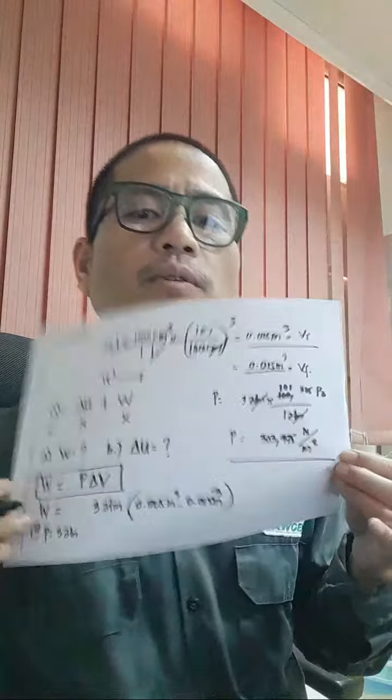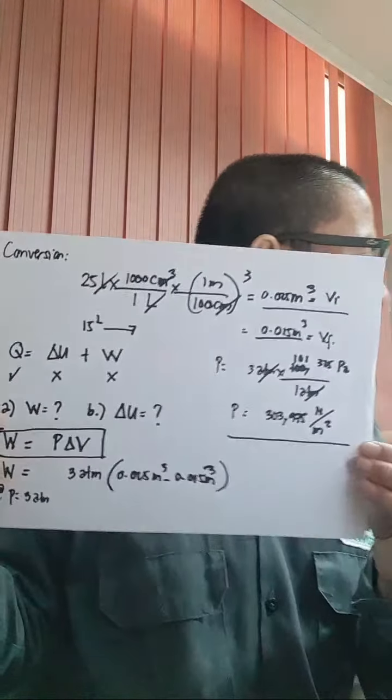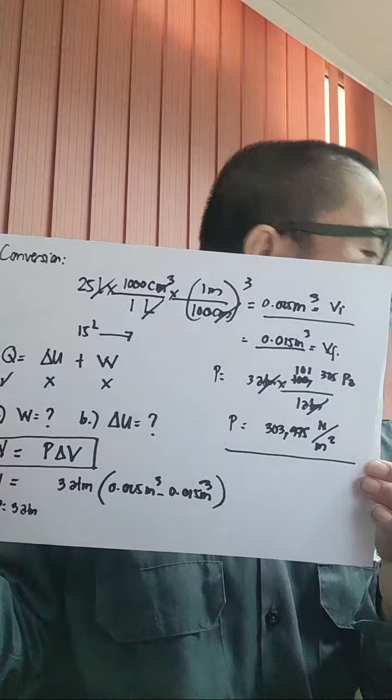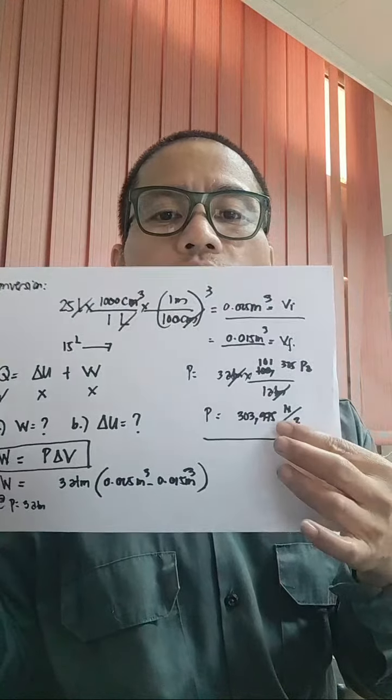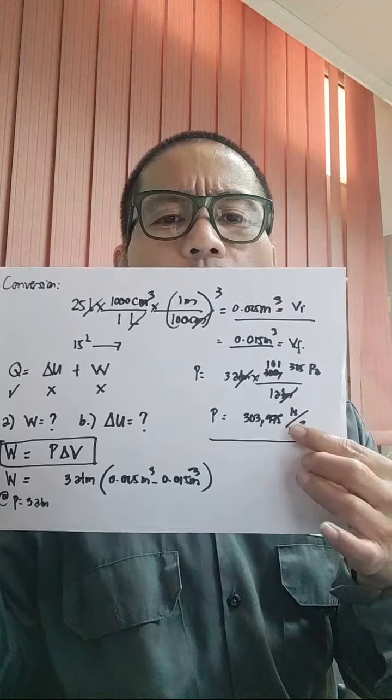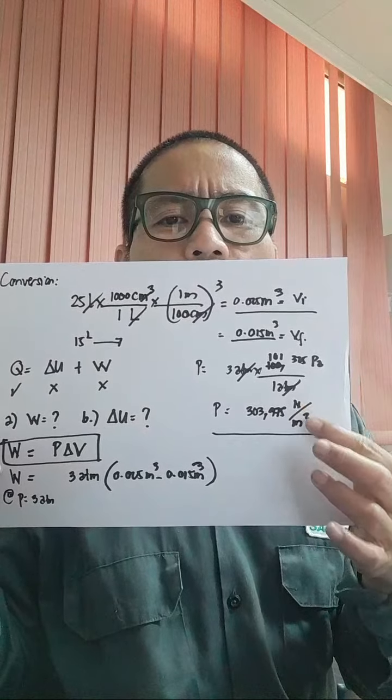So this is our pressure to be substituted in the equation now: 303,975 Pascal, and Pascal is equivalent to Newton per square meter.